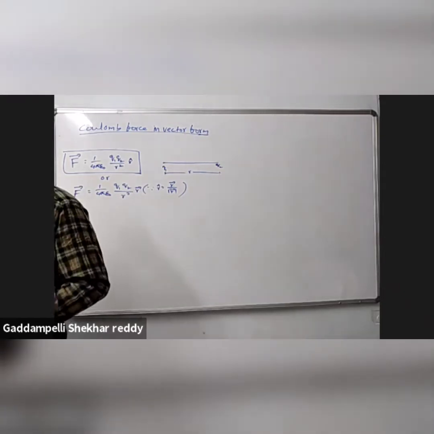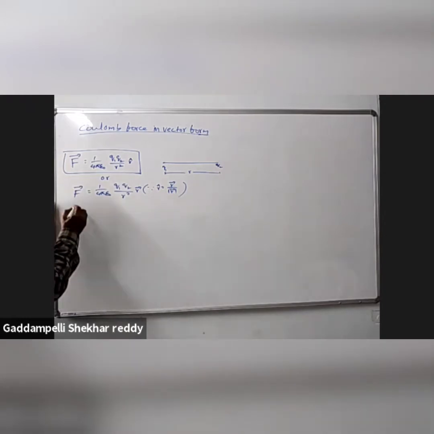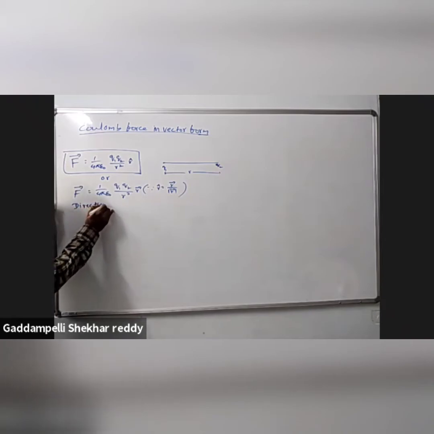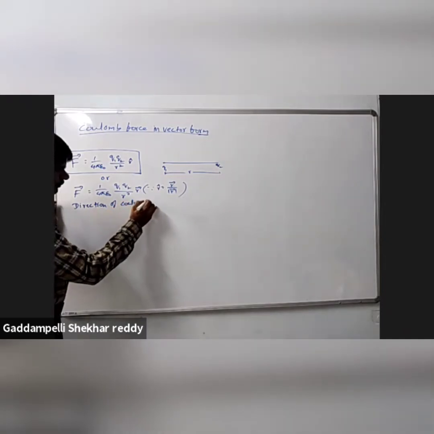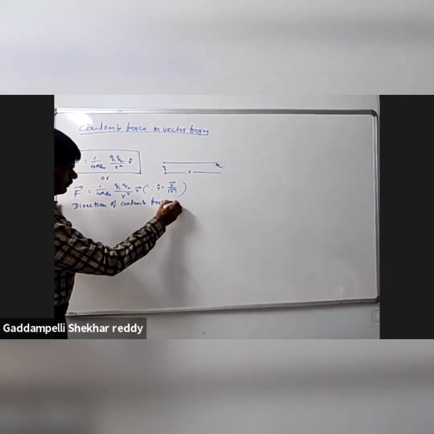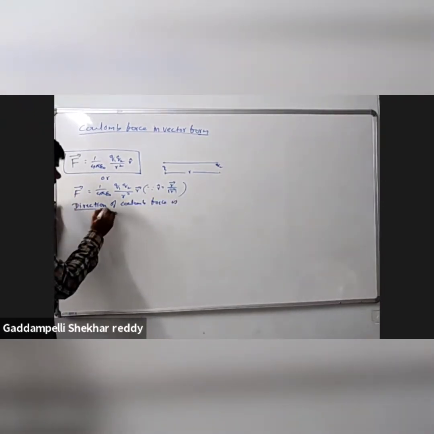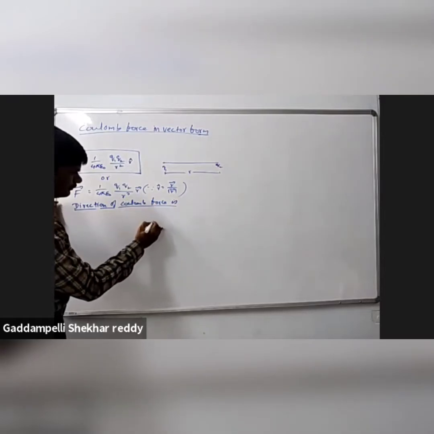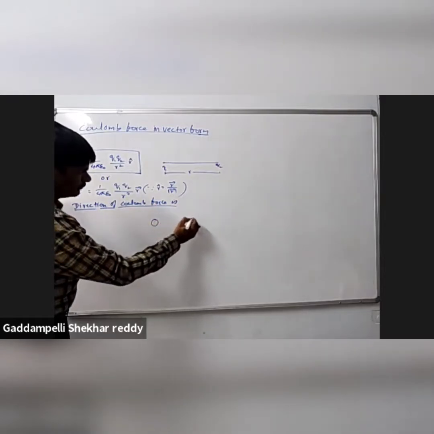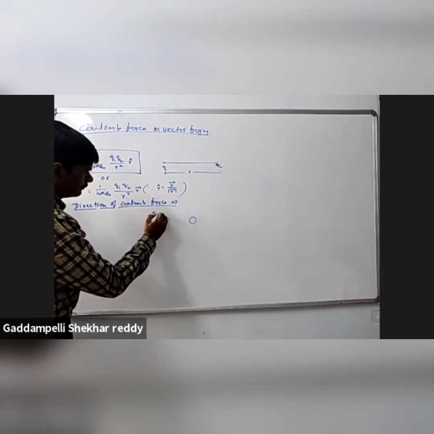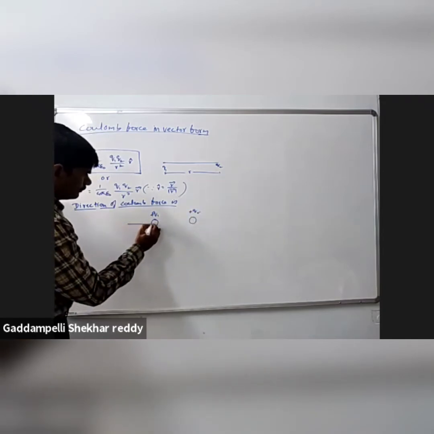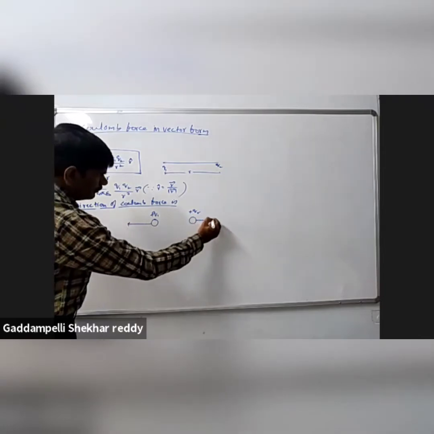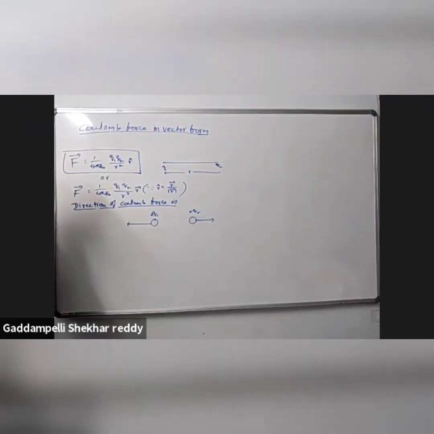Now, direction of Coulomb force. Plus Q1, plus Q2: the force is away from the charges.